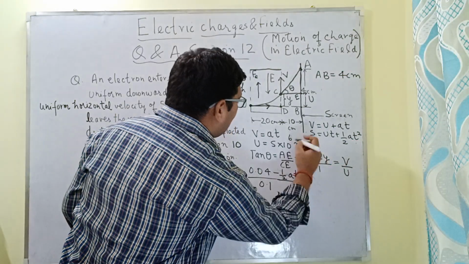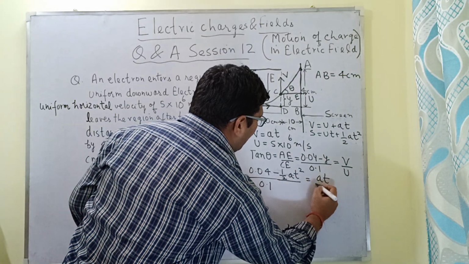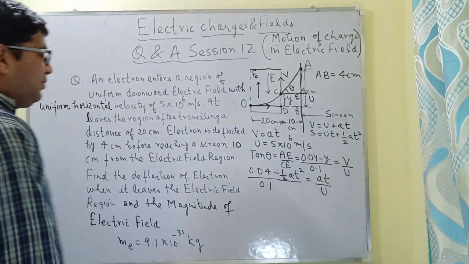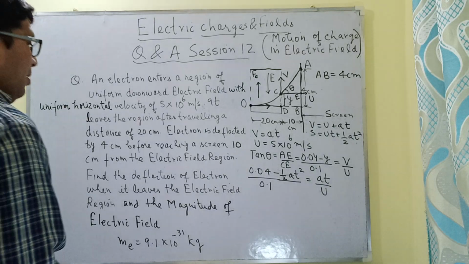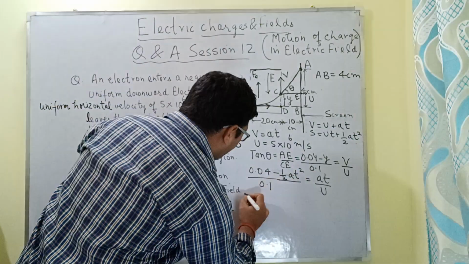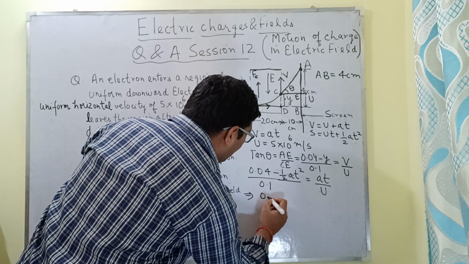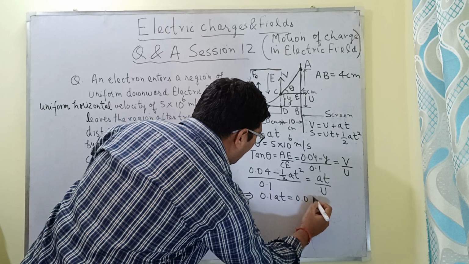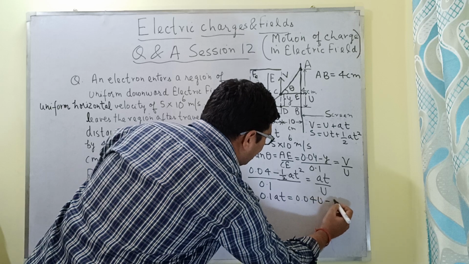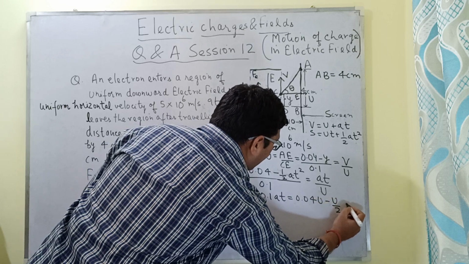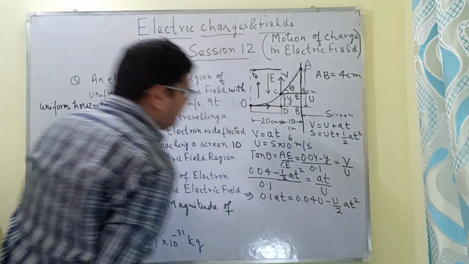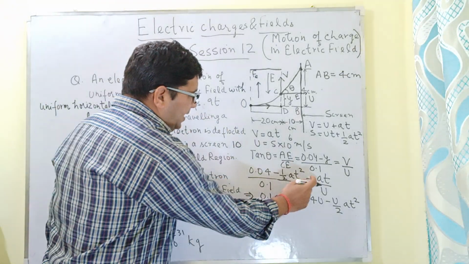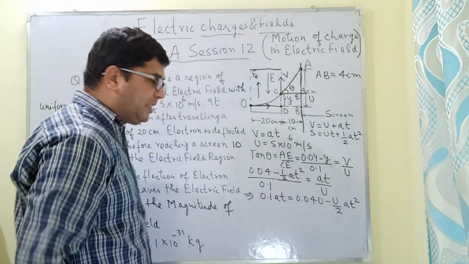Now v is equal to at upon u. This is the equation which I have got. So now I will be cross multiplying it. So that will be equal to 0.180, which is equal to 0.04 u minus u by 2 at square. I got this equation by cross multiplication.